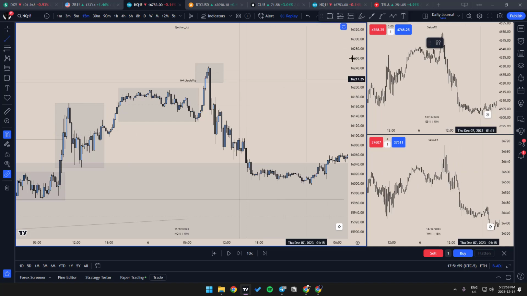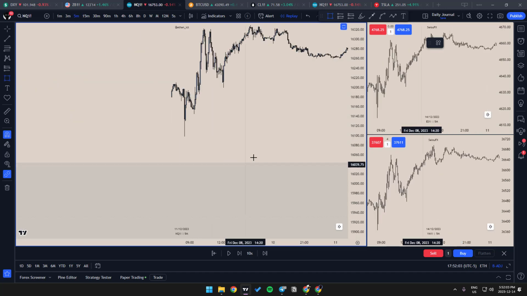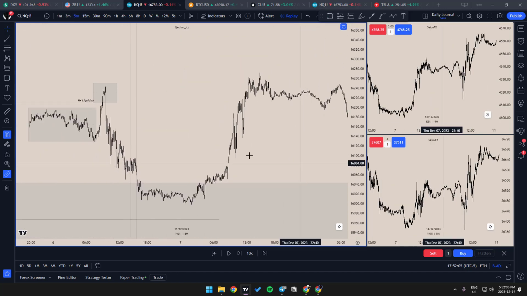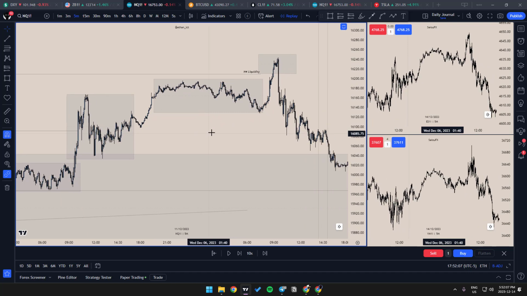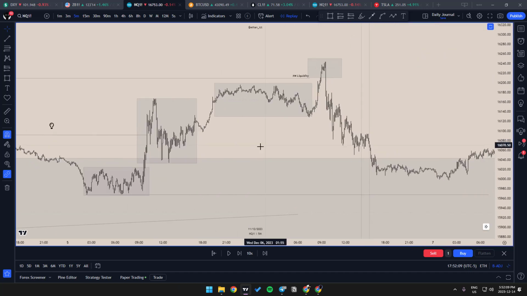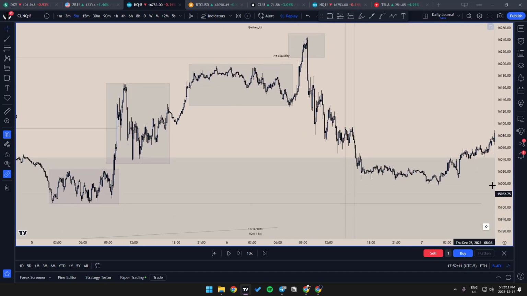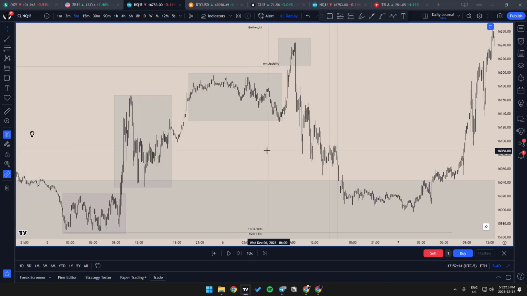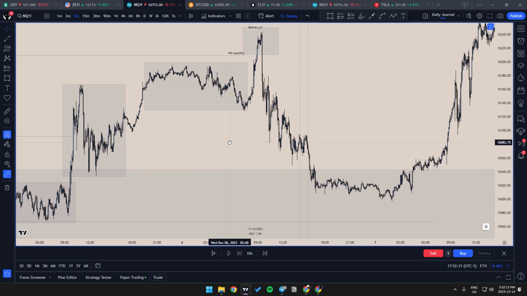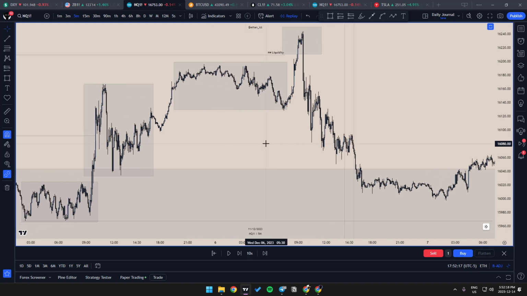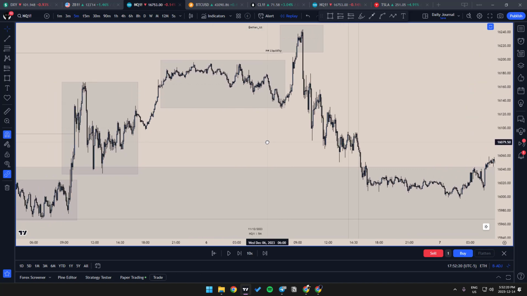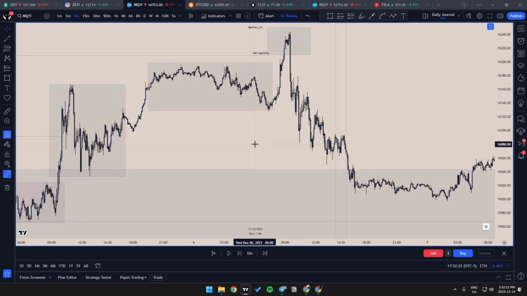So if you're looking at it in terms of a market maker model, this is not very clean. Let me go down to a 5-minute, see if it's better. Does everything make sense so far though? Any questions sparked so far?